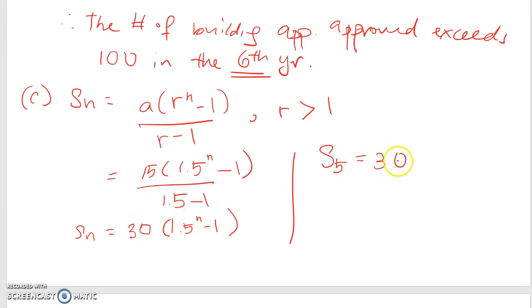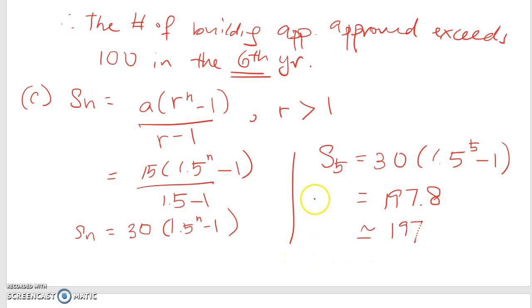To solve that, it's actually 30 times 1.5 to the power of 5 minus 1. And this is going to give us 197.8. Now remember again, that 0.8, that's an incomplete building, so we're not going to include that. So this approximates to 197.